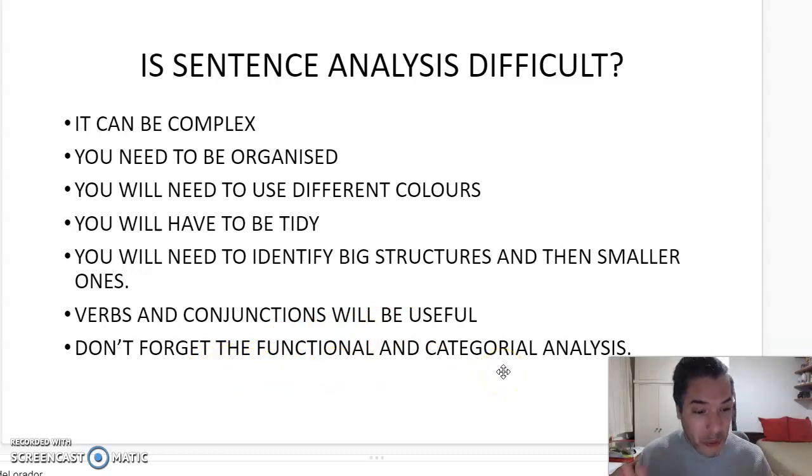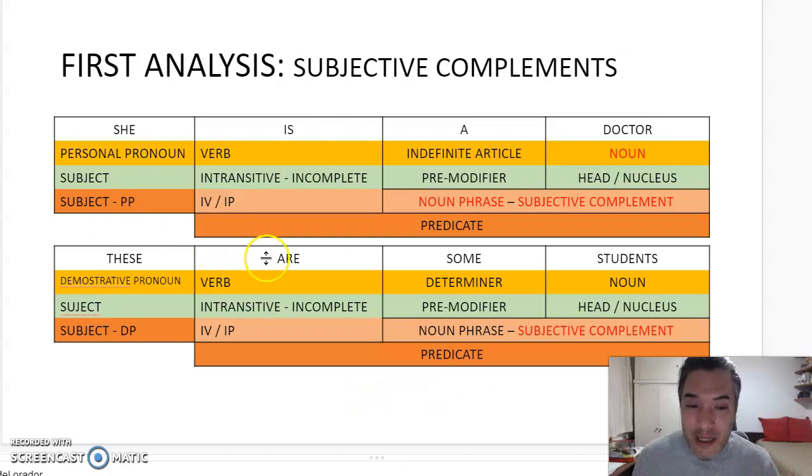Remember that there are two analyses at the same time. Taking into consideration all the things I have told you, remember that the orange part that you can see is the bigger, broader analysis.